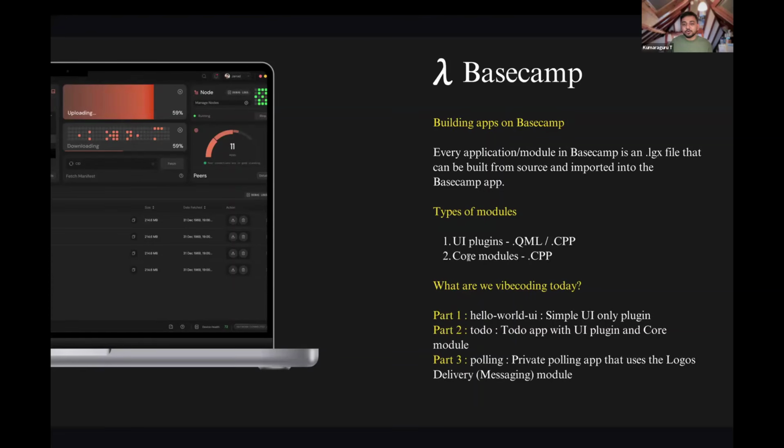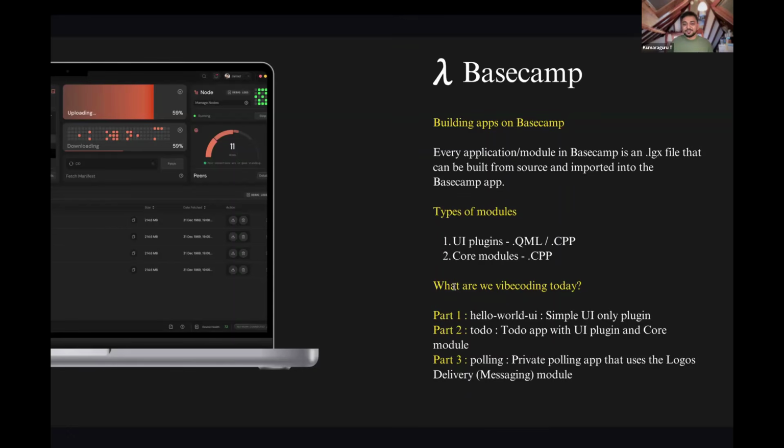And for core modules, currently you can just build them with C++. So this is my very high level understanding. Imagine me to be a web developer who transitioned into building desktop apps a few weeks ago. This is how I understood things.